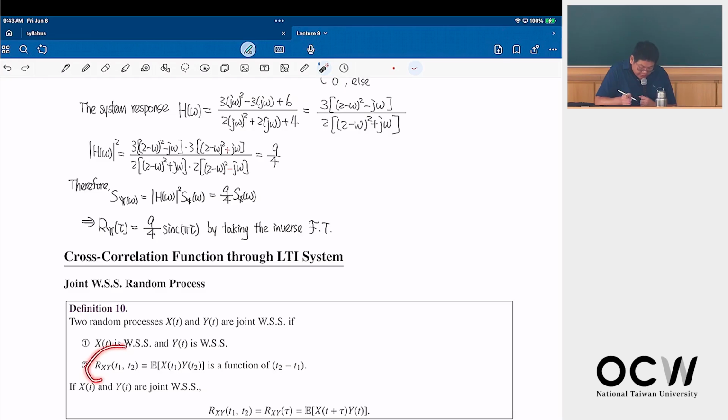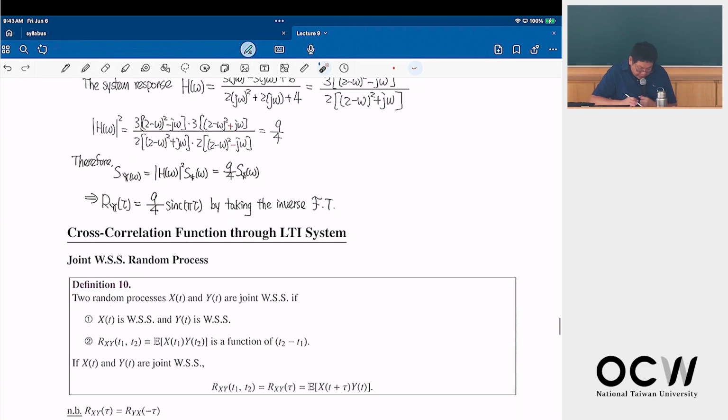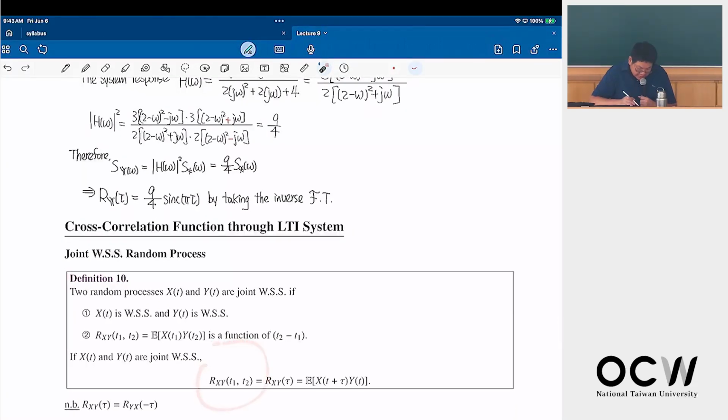Their cross correlation should be a function of time difference. So if X and Y are joint Wisen stationary, by their definition, the cross correlation will be first X, and second Y, and you can see the first minus second, you get tau.